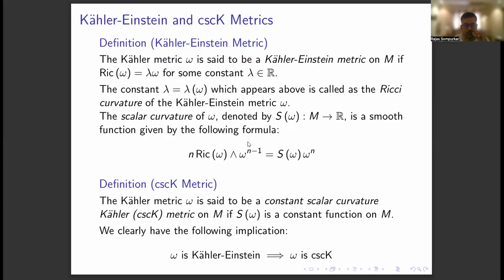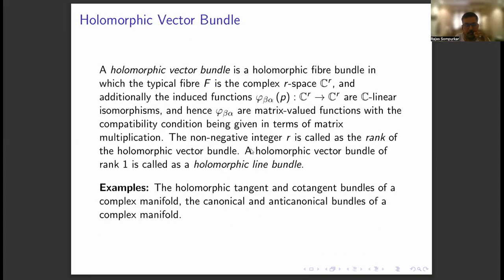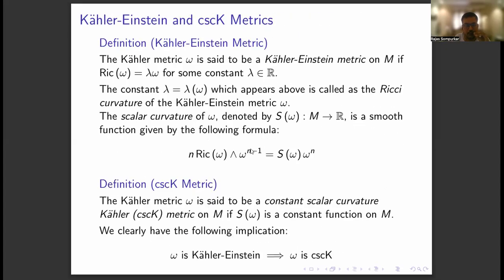There is one more fact about these Kähler manifolds: the Kähler form omega which we had, if you take omega raised to the power n divided by n factorial, that will precisely give you the volume element on the manifold. So omega raised to the power n divided by n factorial is the volume form.